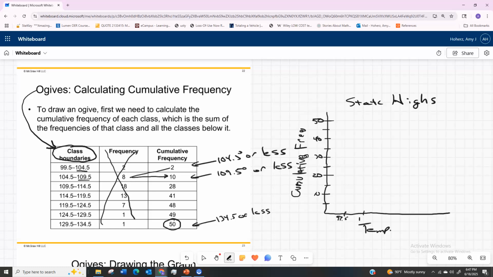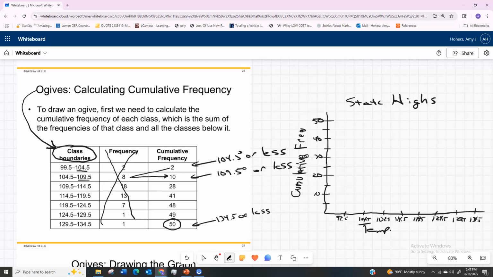And then the 104.5, 109.5, 114.5, 119.5, 124.5, and 129.5, and then last but not least our 134.5.